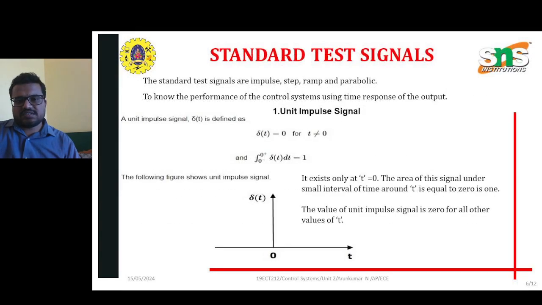Next, some examples applied to the standard signals. First one is the unit impulse signal. For the unit impulse signal, delta of t equal to 0 for t not equal to 0.